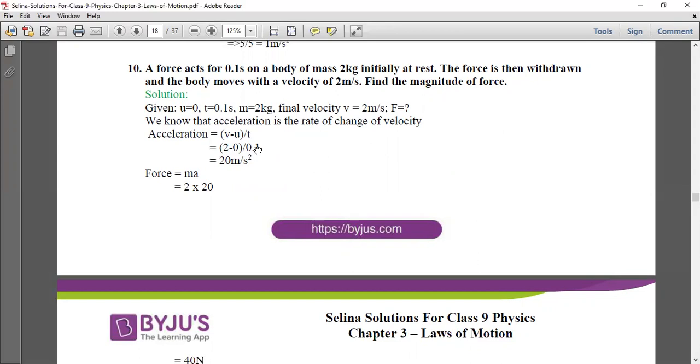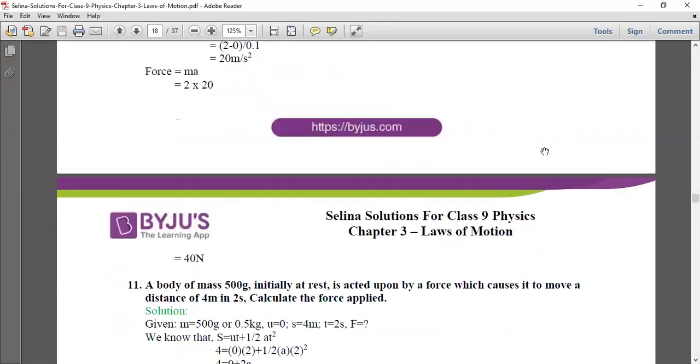Substituting, we get acceleration as 20 meter per second square. Then to find the magnitude of force, force is equal to mass into acceleration. Mass is 2 kg and acceleration is 20 meter per second square. Therefore, force is 40 Newton.